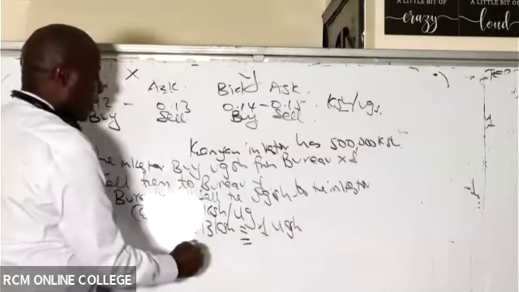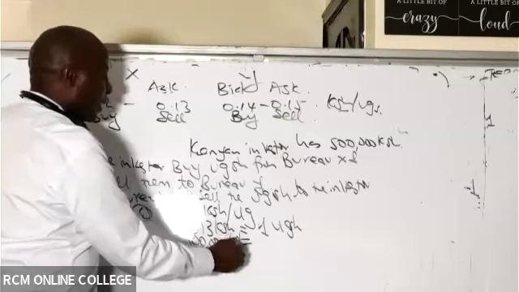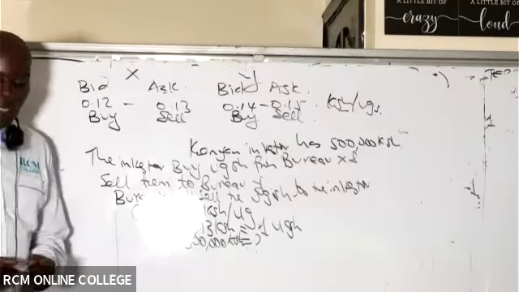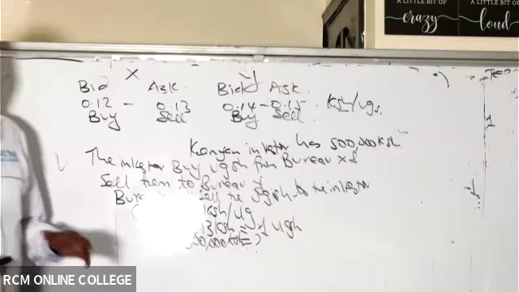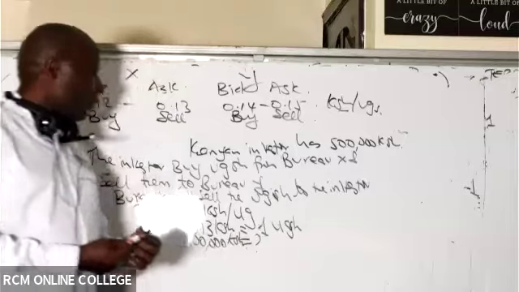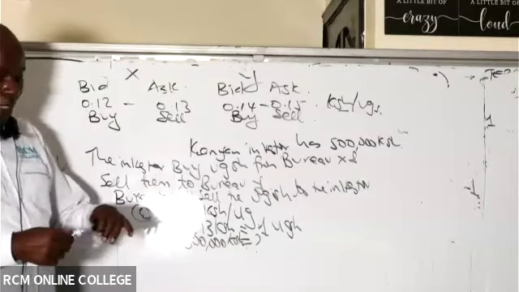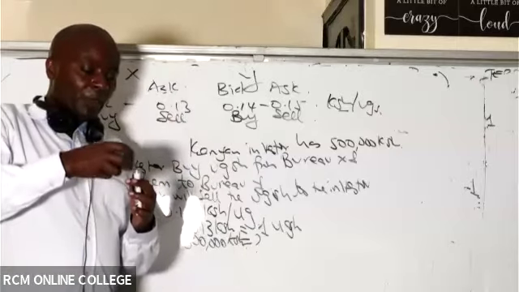How about the 500,000 Kenya shilling that this guy has? So please go ahead and do your abracadabras and give me the figures here. How about the 500,000 Kenya shilling that he has, and how many Uganda shillings will he be able to get?